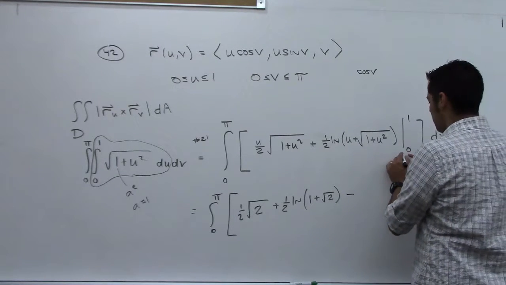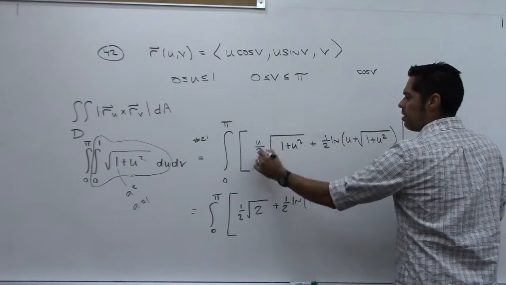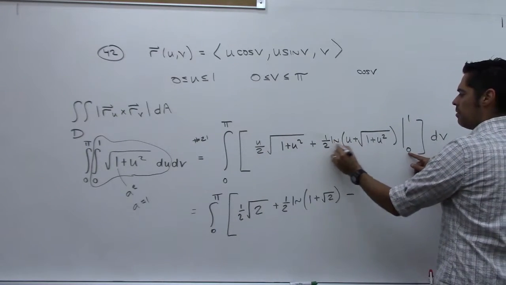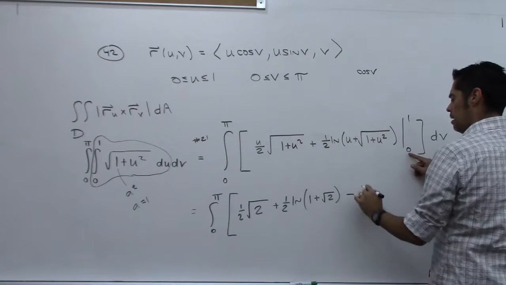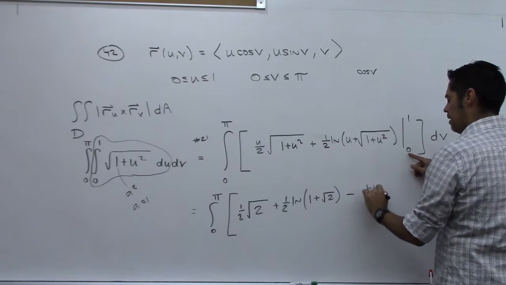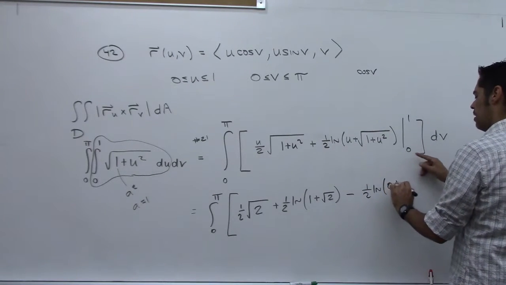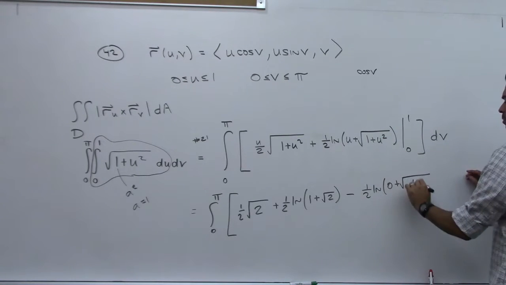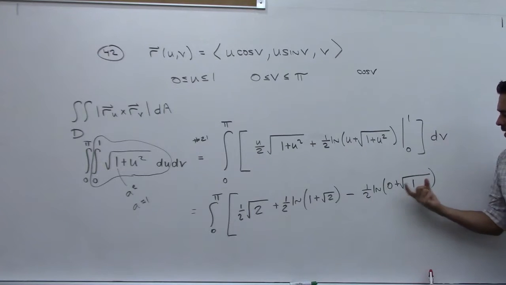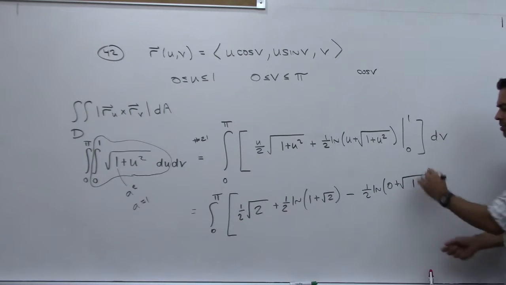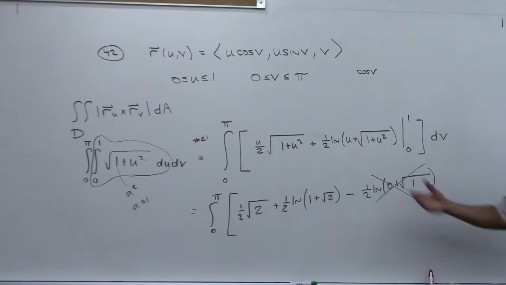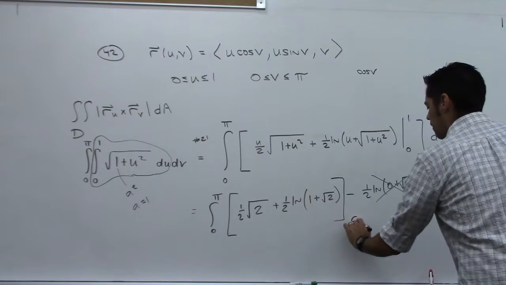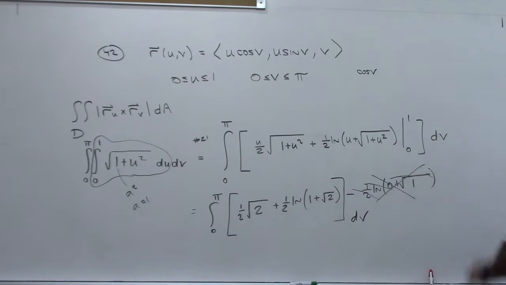Plug in 0 for u kills this off because 0 over 2 is all gone. And then right here we get 1/2 natural log of 0 plus square root of 0 plus 1, that's square root of 1 is 1. Natural log of 1 is 0, so this thing is gone. So that's it right there, dv.